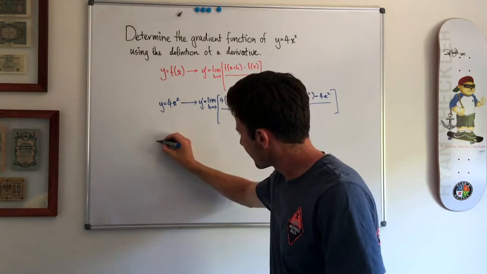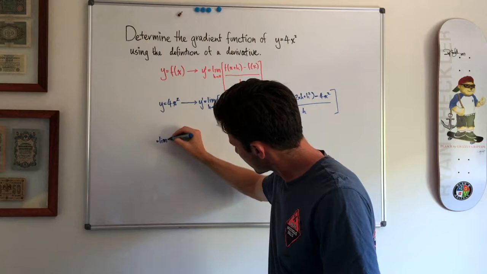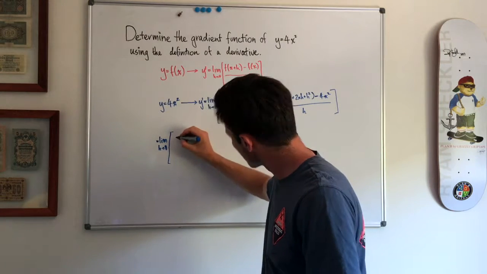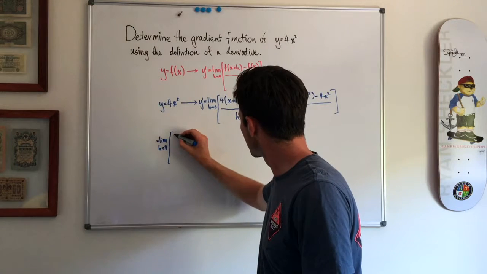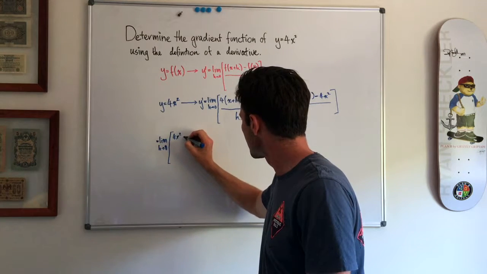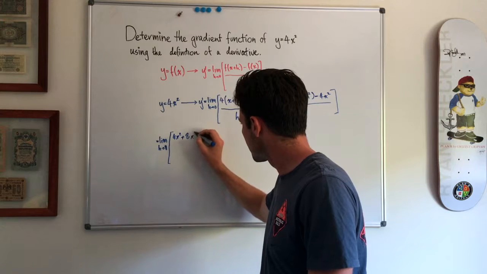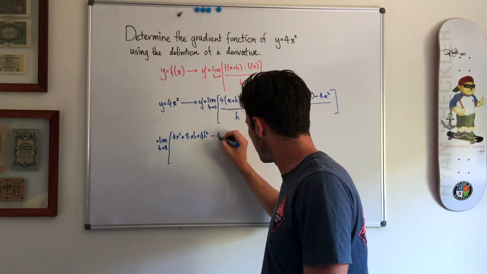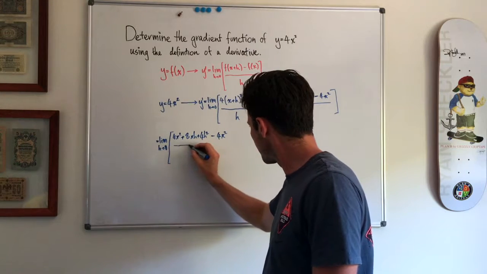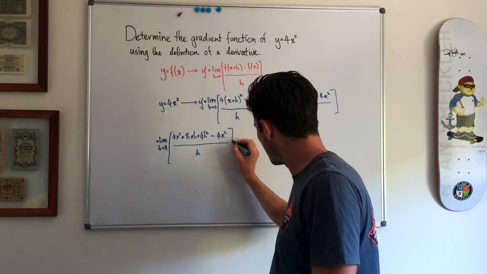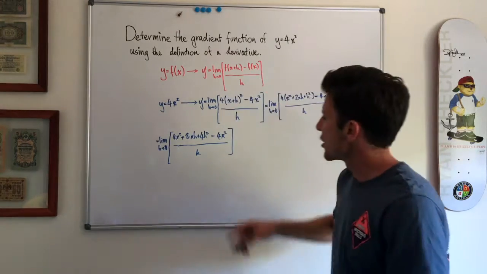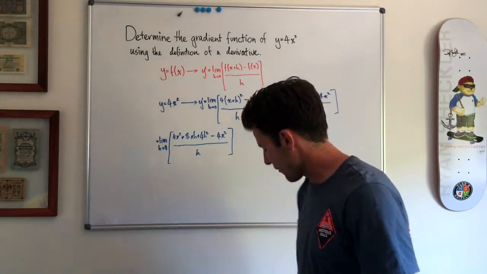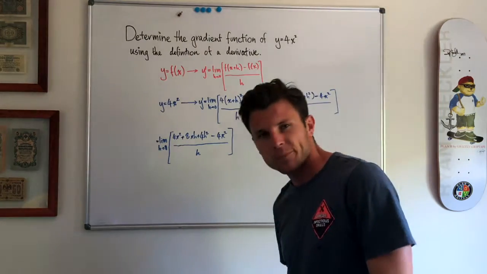So let's do that. Great. So you can see inside our big square brackets, we don't have any more brackets. They've been effectively multiplied out.